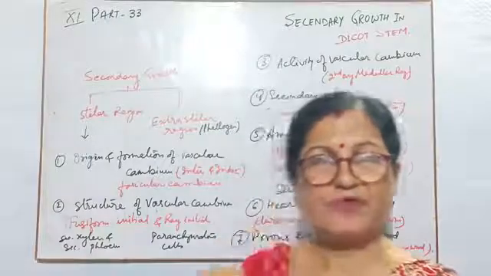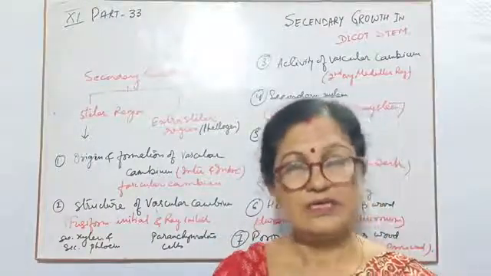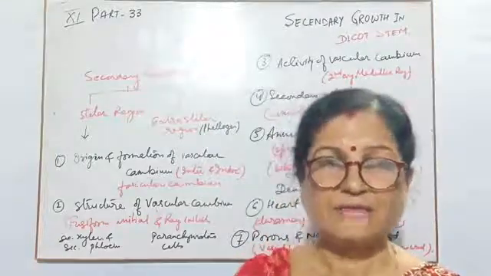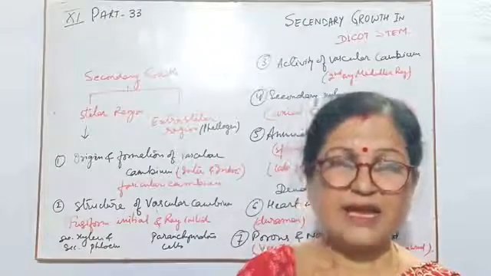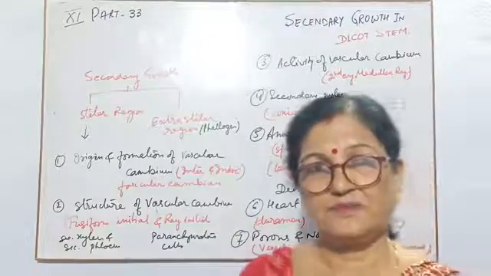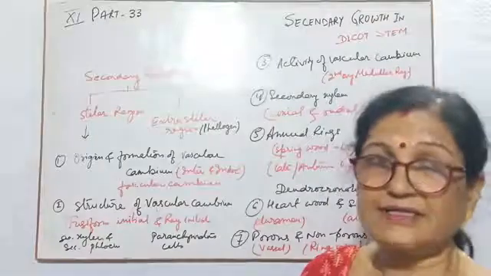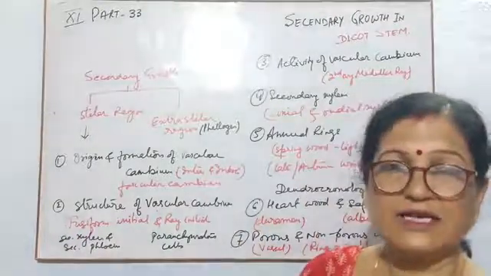Then it can form a total circle in the stem, and in this way they can complete the thickness in the total stem and increase the thickness of the stem. So they produce intrafascicular cambium and interfascicular cambium, and it forms a ring.